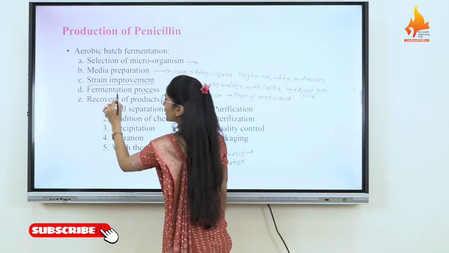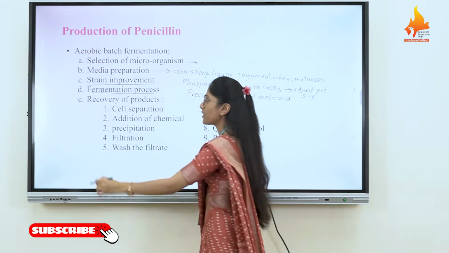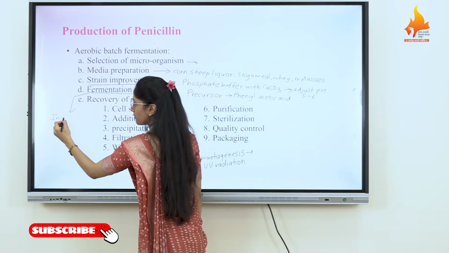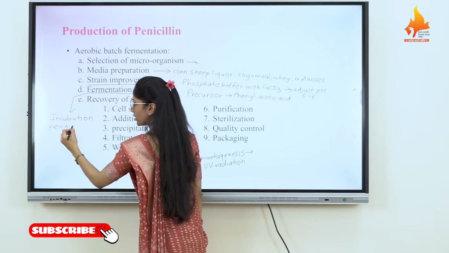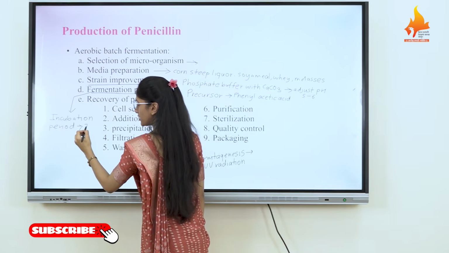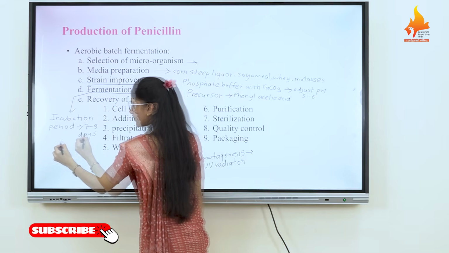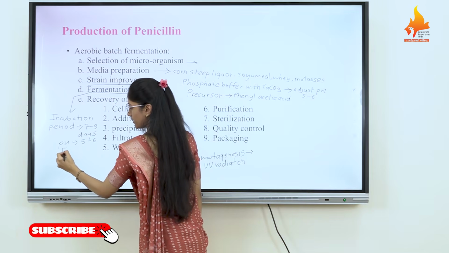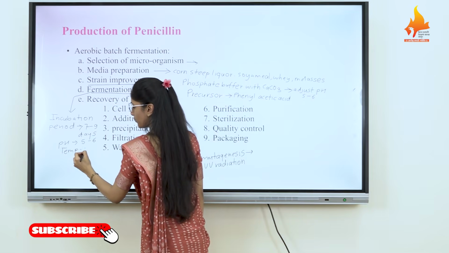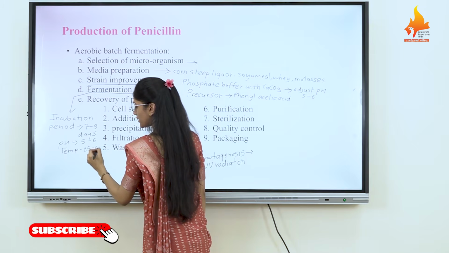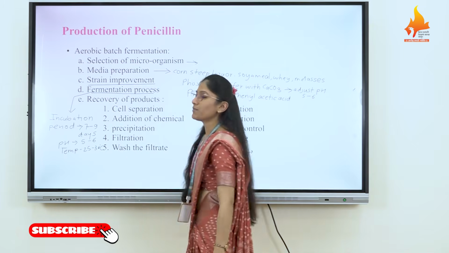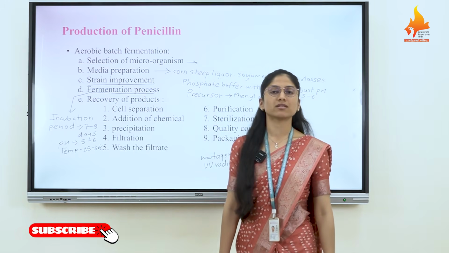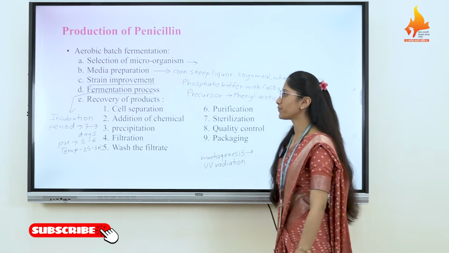Next step is the fermentation process. There is an incubation period of 7 to 9 days. The pH we maintain is 5 to 6, and the temperature is 25 to 30 degrees Celsius. The fermentation process is carried out by using the surface fermentation process and the submerged fermentation process.